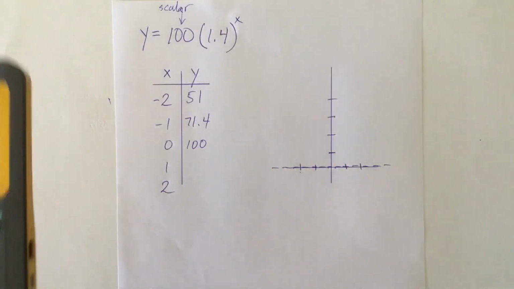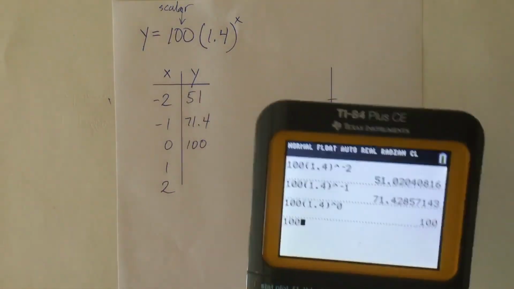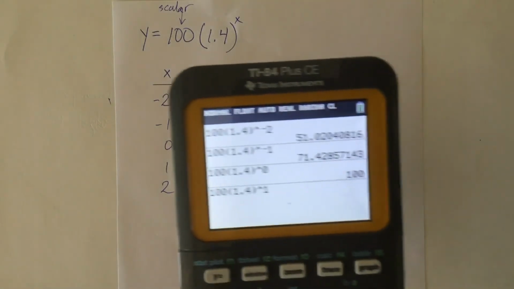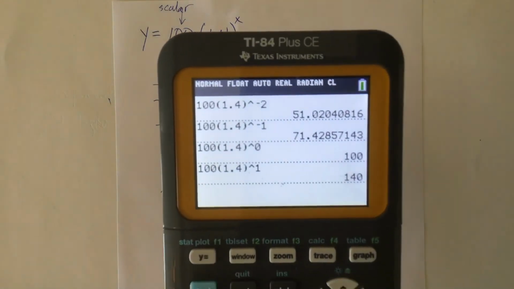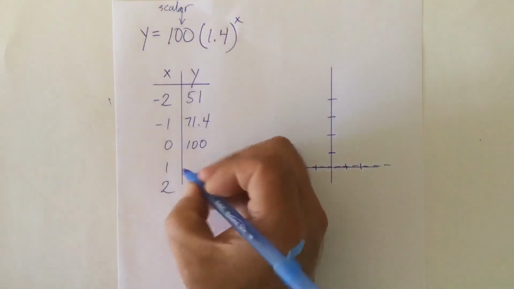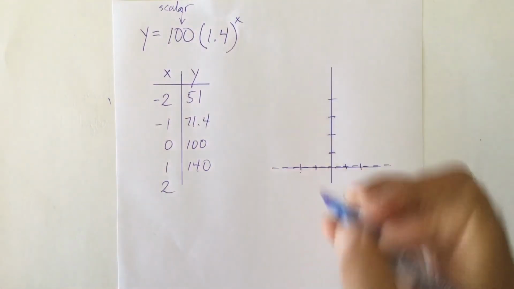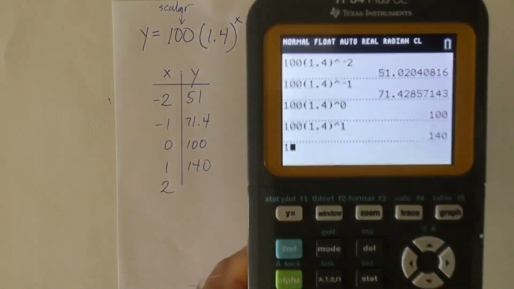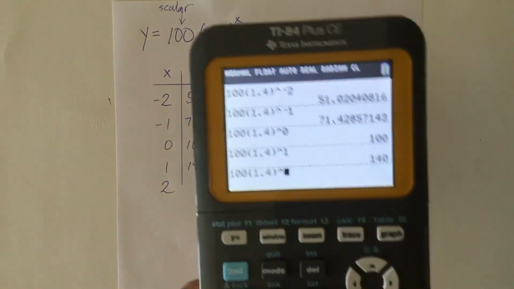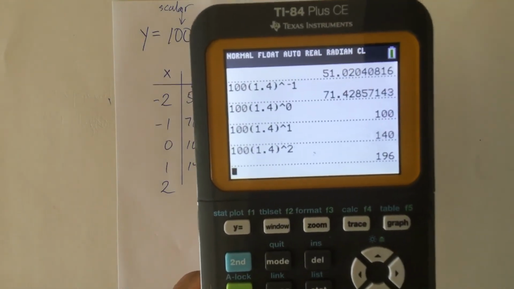And then I'm going to do 100 parentheses 1.4 to the power of 1. I don't even have to do to the power of 1 because it's the same as 100 times 1.4, which gives me 140. And then let's see what our last chunk of the puzzle is. 100 parentheses 1.4 to the power of 2, and I get out 196.